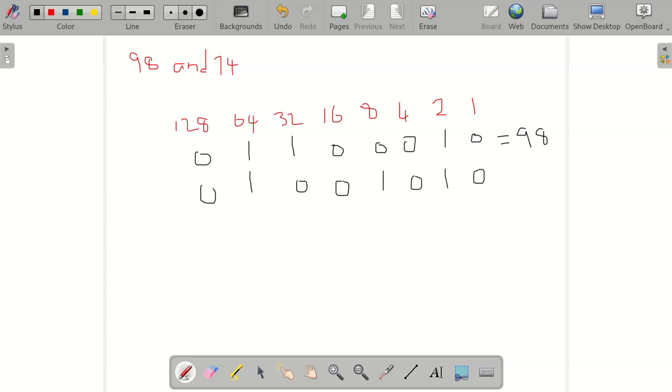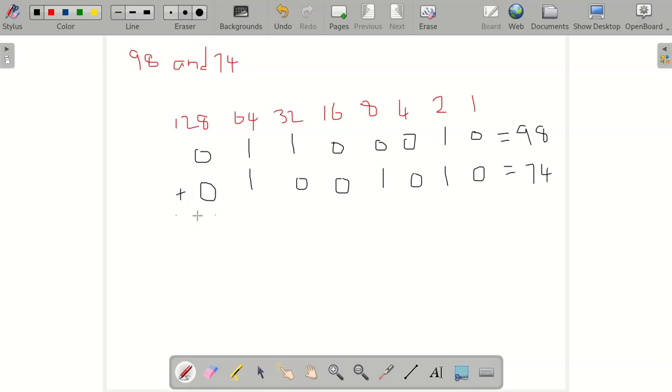Now remember, as I've said, both numbers are positive, so there's no need to apply 2's complement, even though the question is saying add these two numbers using 2's complement. They are not affected by the principle because they are positive numbers. So here we just do the normal addition.